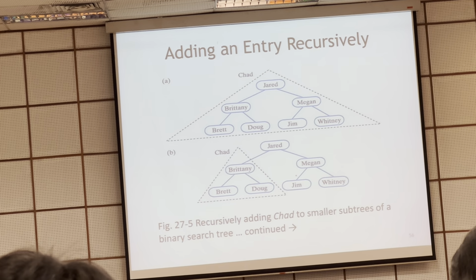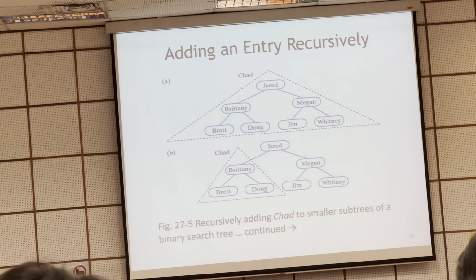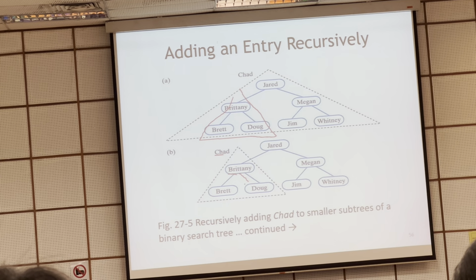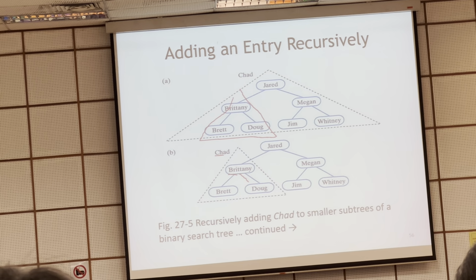Since it's in front, now we have to compare with the left subtree. Again, C here, B. So I cannot put it on the left subtree. I have to take it to the right subtree.